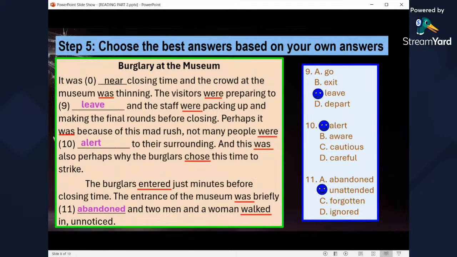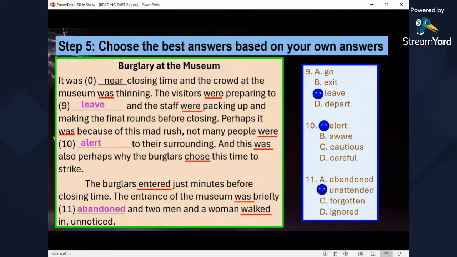To abandon is to leave it for a long time, but briefly, it's unattended. You can abandon a person, you can abandon anything. A building also can be abandoned. But when you have answers like that between abandoned and unattended, the best choice would be unattended instead of abandoned.